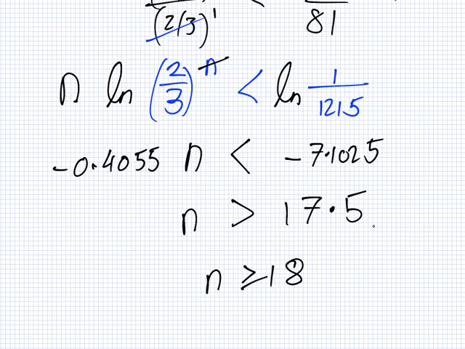That is more than 17.5. And sometimes when you do the logs, it's like one step in the calculator, you don't see the minus, and you don't change. This will be a problem. Okay, that one was tricky.